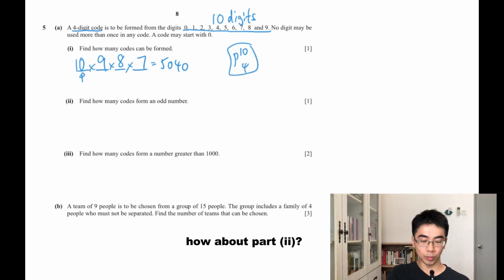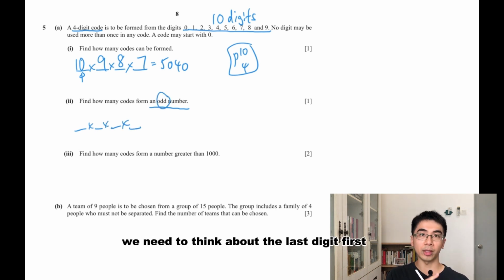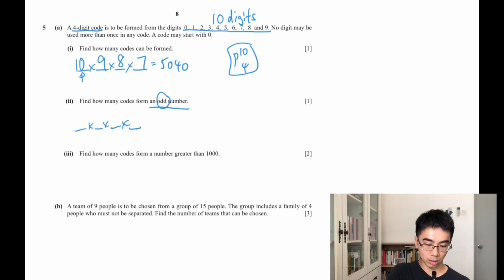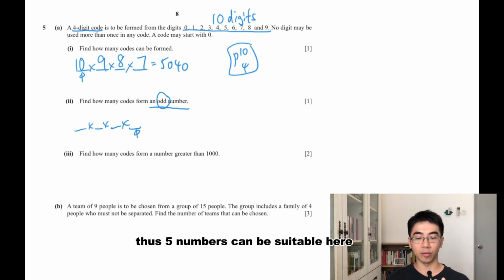How about part 2? For part 2, it must be an odd number. Again, for the 4 blanks, because of the odd number we need to think about the last digit. For an odd number, we can have 1, 3, 5, 7, 9, so 5 digits can be put in here.